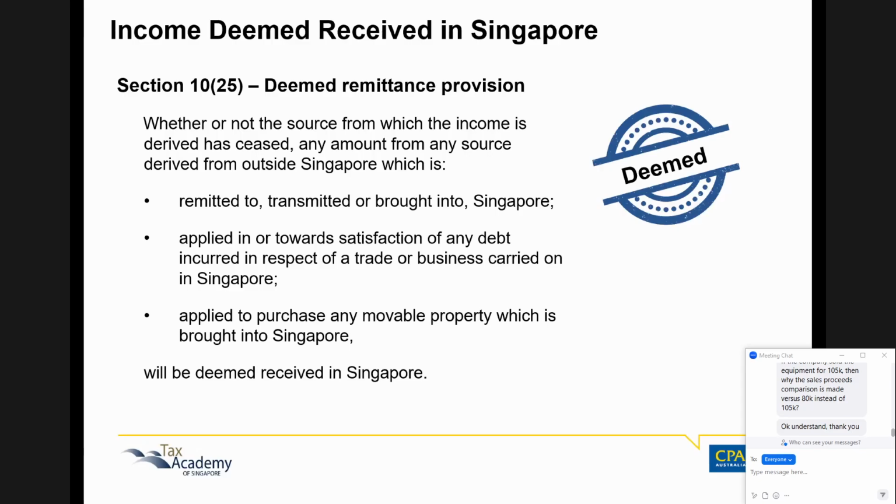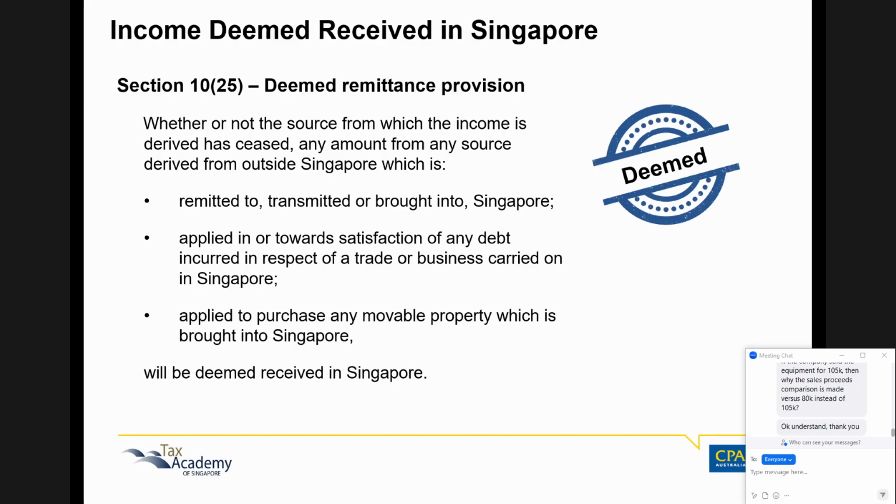Or even if it is not paid in Singapore, let's say I have a supplier overseas. I have customers in Malaysia, I receive that revenue. Then I also have a Malaysia supplier.